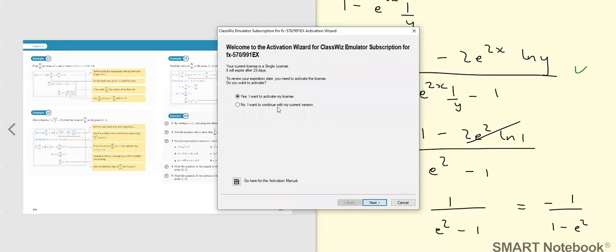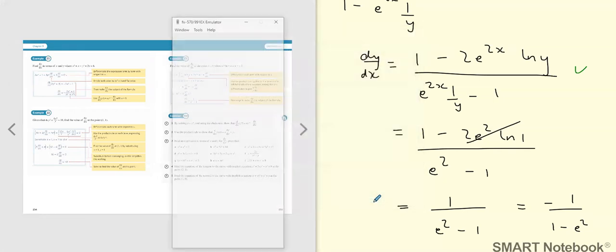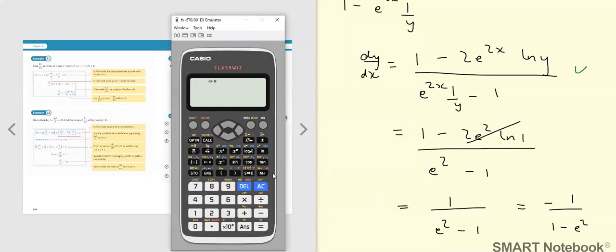Right, okay. Let's continue with this for now. So what do I have? 1 over e squared minus 1. We get 0.157.